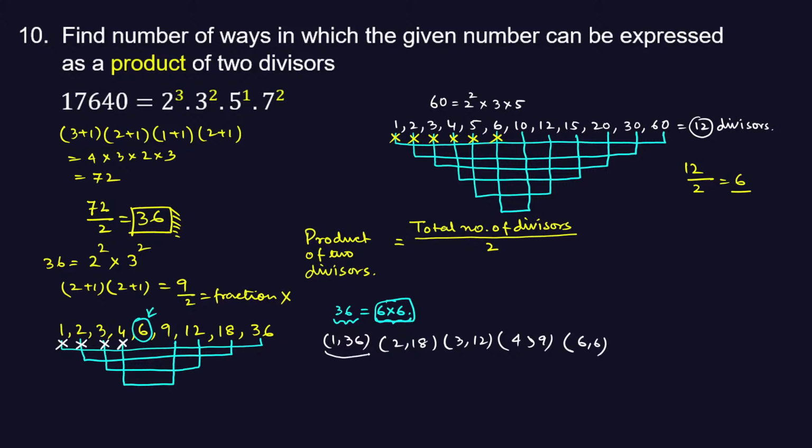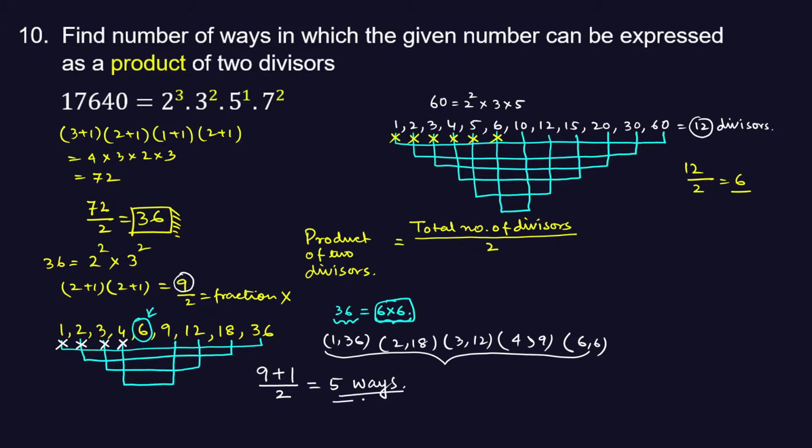Okay, so we are actually having 5 such pairs. But from here, how to get it? We got the total number of divisors as 9. So what we will do in this case is simply add 1 to the total number of divisors and then divide it by 2. So in this case, we are having 5 such ways.